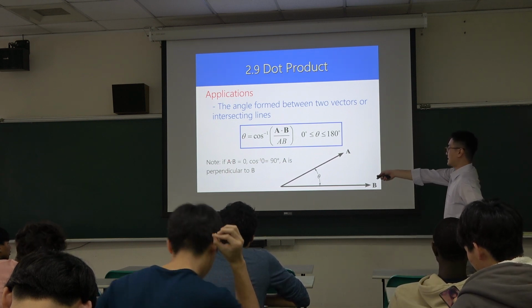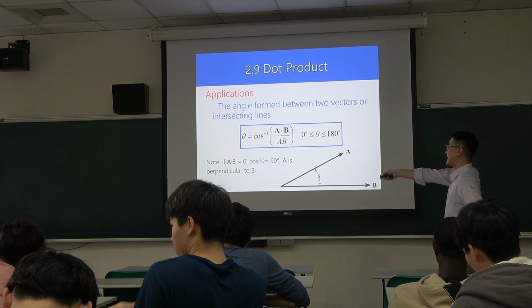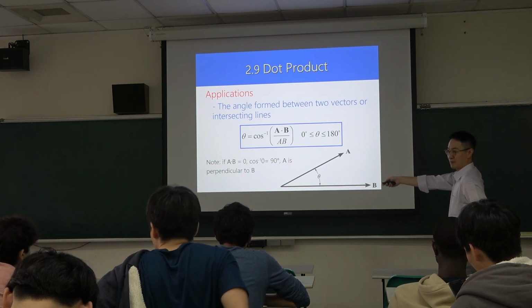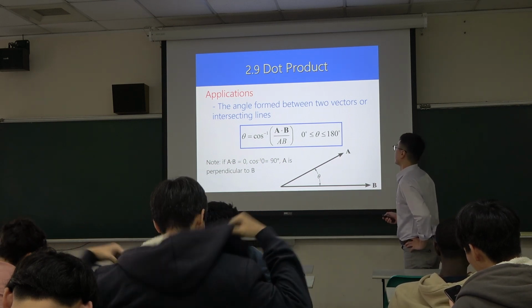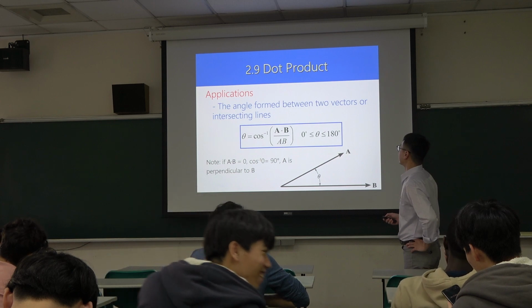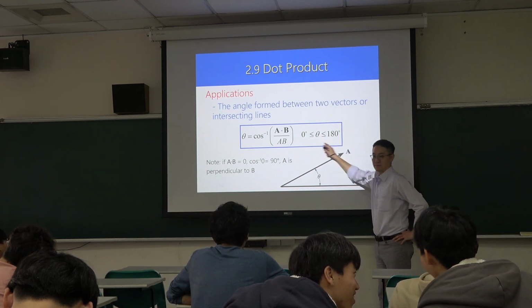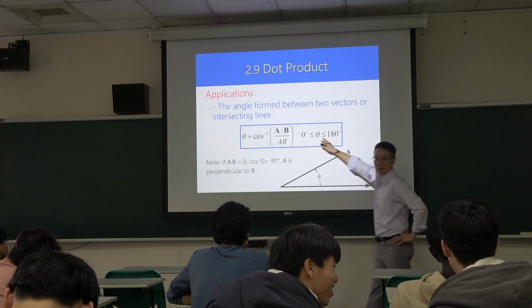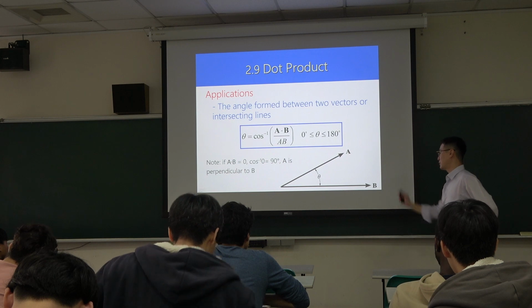Okay, special case: if A dot B is 0, that means vector A and vector B are perpendicular. Okay? Okay, clear? It just uses the previous equation to help us work out the angle between two vectors.